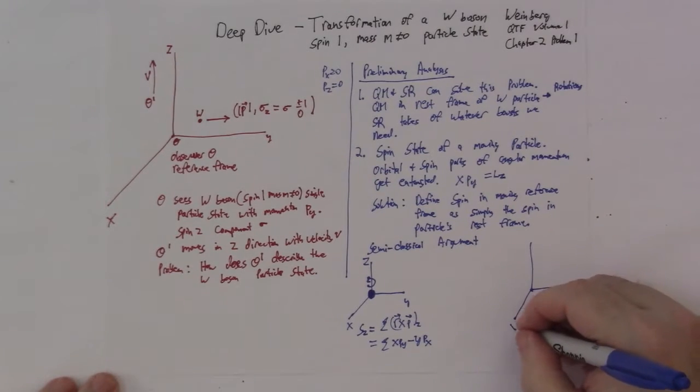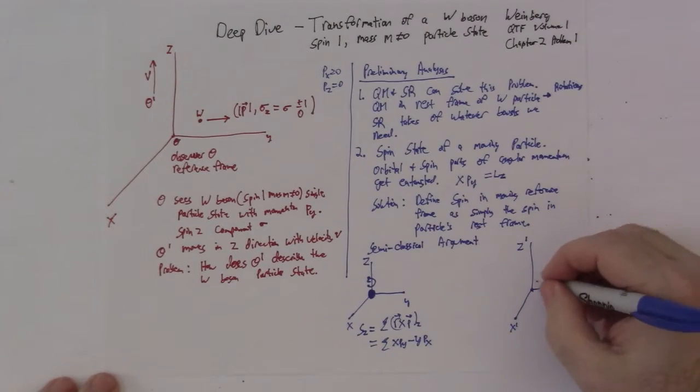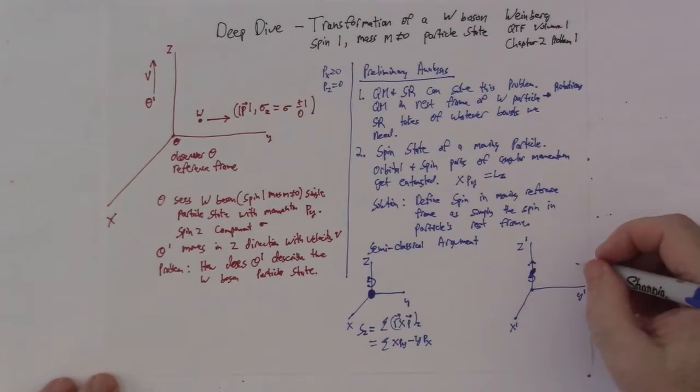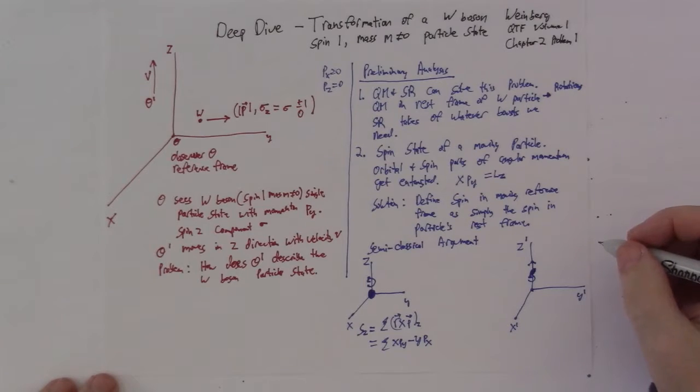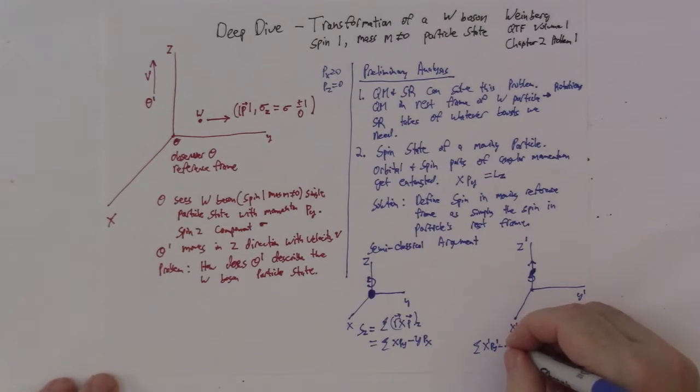Now, in the boosted frame, look at a boosted frame where we have x prime, y prime, z prime, and the particle is moving with velocity v. It's also spinning, but it's moving. In this frame, we could calculate the spin, and we would get the sum of x prime py prime minus y prime px prime.